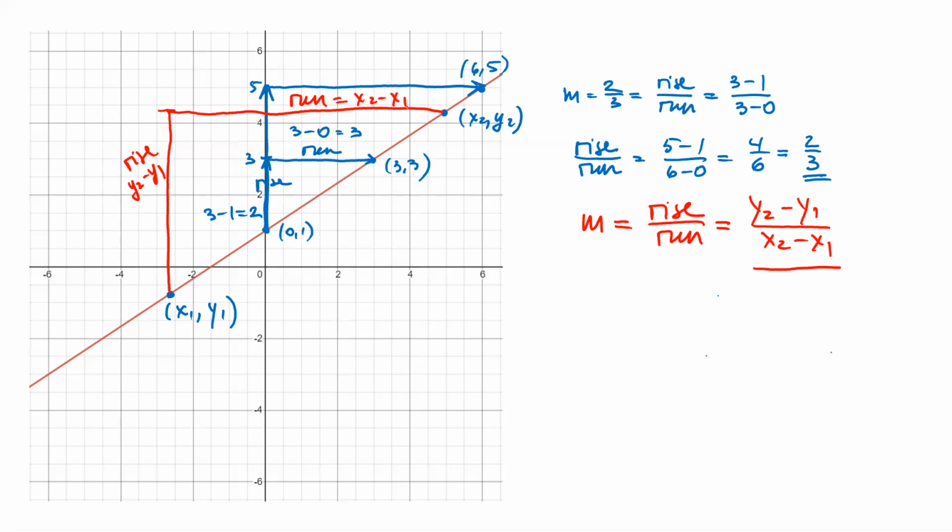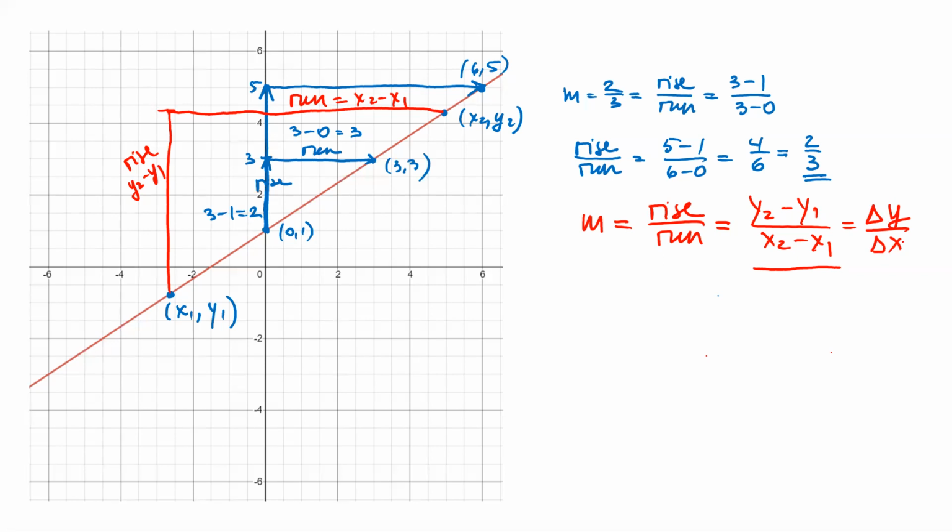What else you can see in mathematical books is, instead of writing y sub 2 minus y sub 1, in math the difference of variables is very often labeled as delta. Delta stands for difference, as delta y over delta x. So if you see delta y over delta x, that means it's the ratio of the difference of y coordinates and the difference of the x coordinates.